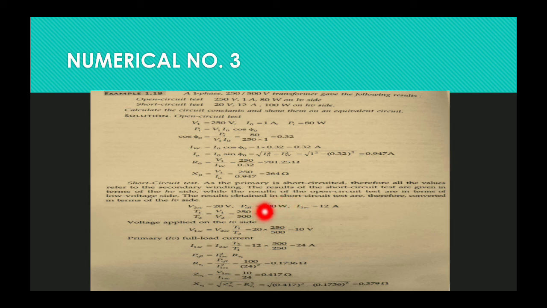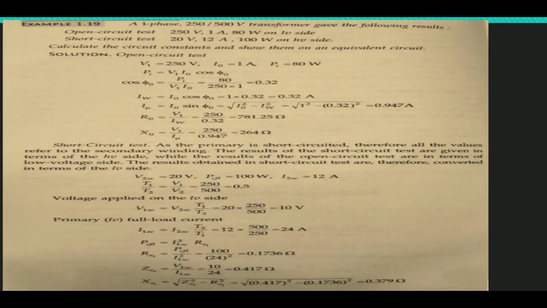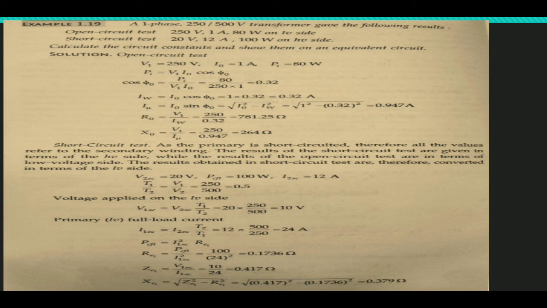The results obtained in the short circuit test are therefore converted in terms of the LV side. Here 20 volt is the short circuit voltage.